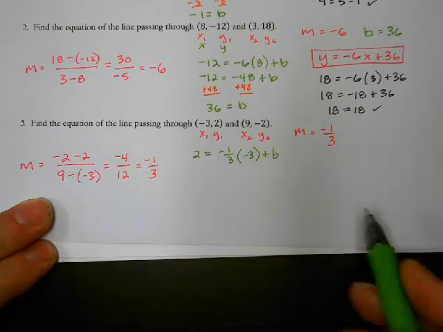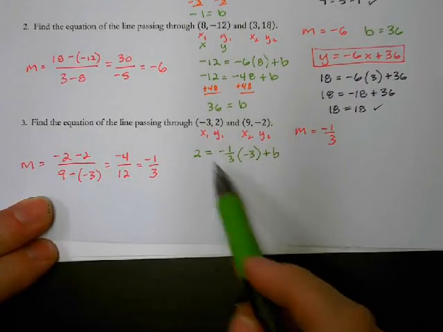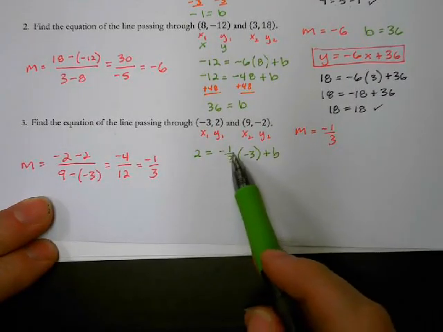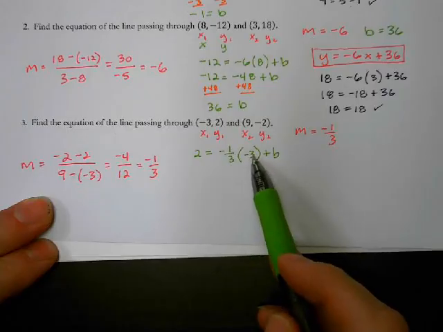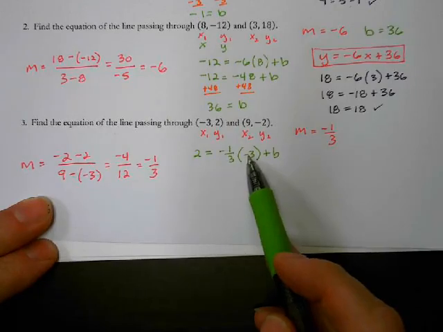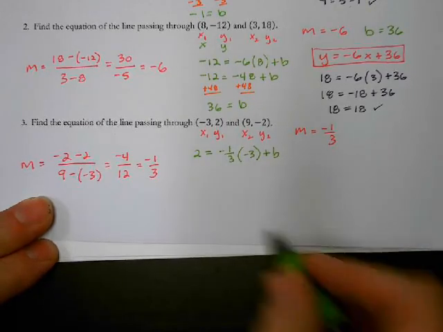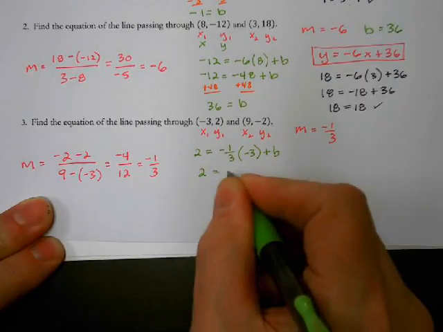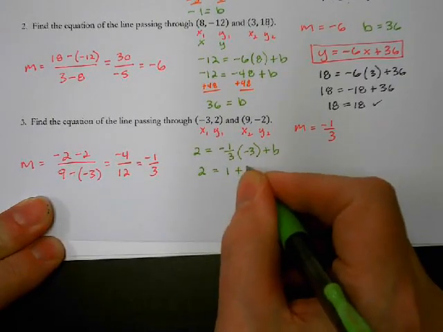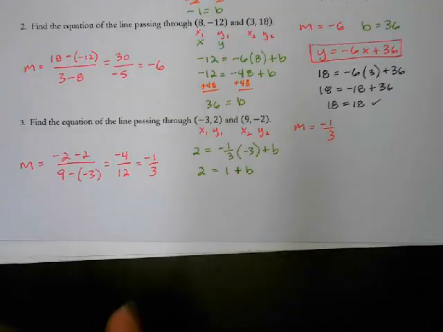Okay, so remember that when we have a fraction like this, we multiply by the number on top and we divide by the number on the bottom. So negative 1 times negative 3 is 3, and 3 divided by 3 is positive 1. So we get 2 equals 1 plus b. Now I subtract 1 from both sides.